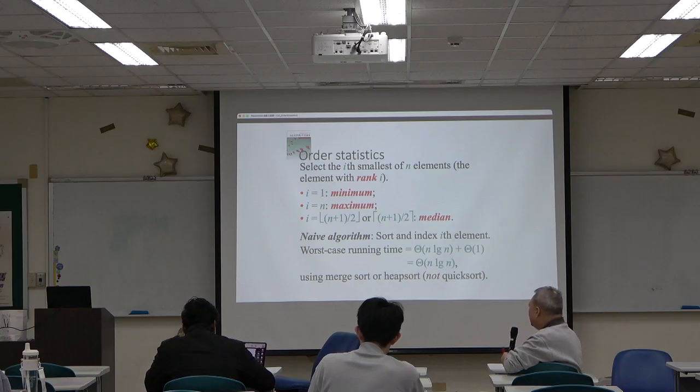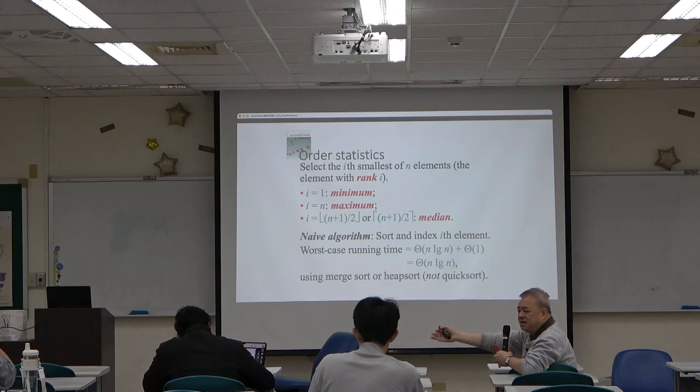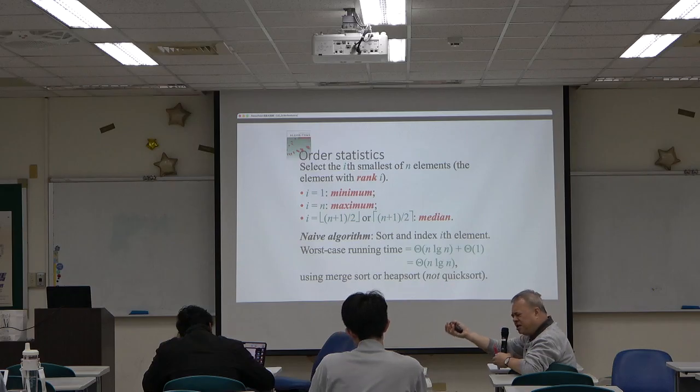A naive algorithm to do this job is that we can just sort the numbers and, whatever index i is, use the index i to find that number, and that's it.